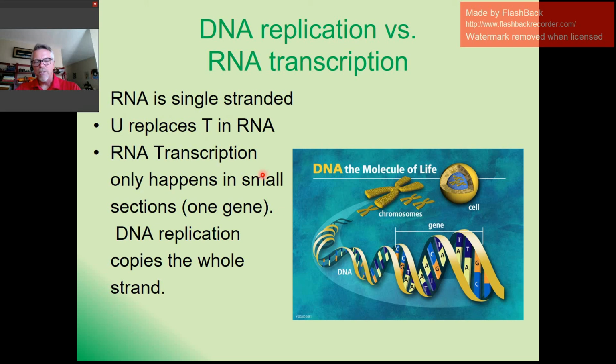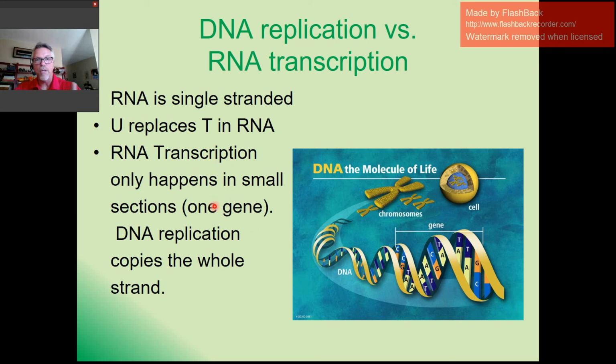And then something we haven't mentioned before is that RNAs only transcribe. You only make a copy of a little piece of the DNA chromosome because DNA is huge, right? You have like 3 billion DNA bases inside a cell. You don't want to transcribe or make a copy of all of that at once.